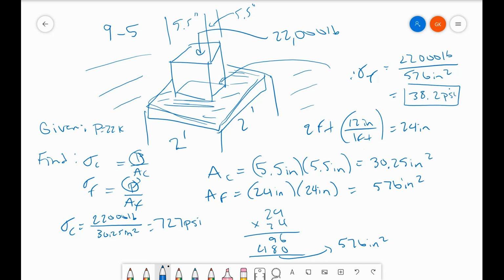So, as you can see, there's a lot more bearing stress due to the column than there is on the ground because we spread it out. The larger the area you have, the less stress you will feel. That's why if a column that is 8 miles wide can hold 5 pounds, you aren't surprised. However, if a straw can hold 5 pounds, you're pretty surprised because it's got a much smaller area. Stress is about normalizing. Stress normalizes the force based on the cross section.